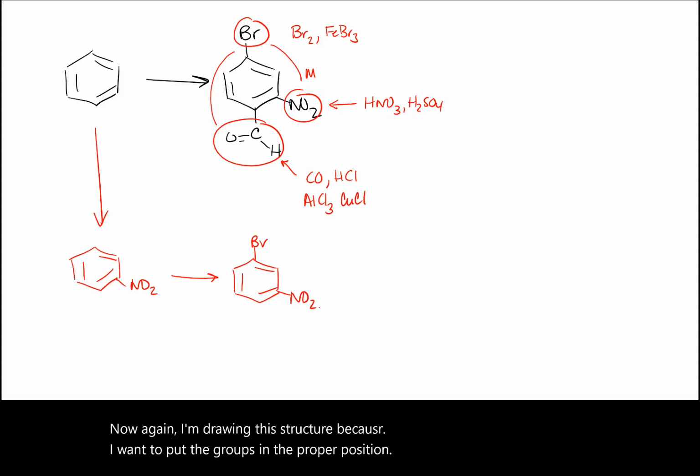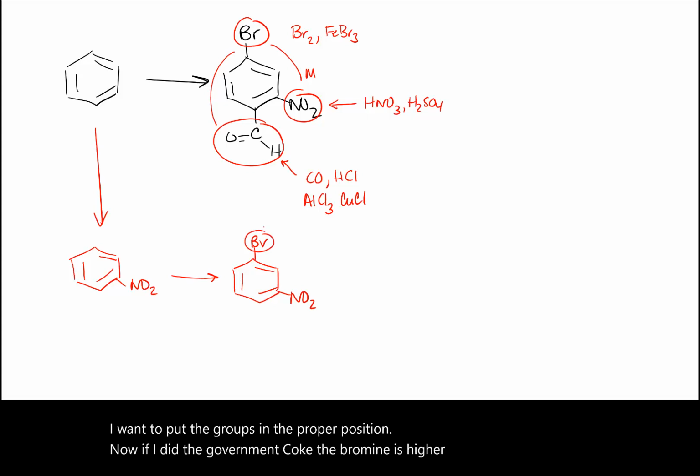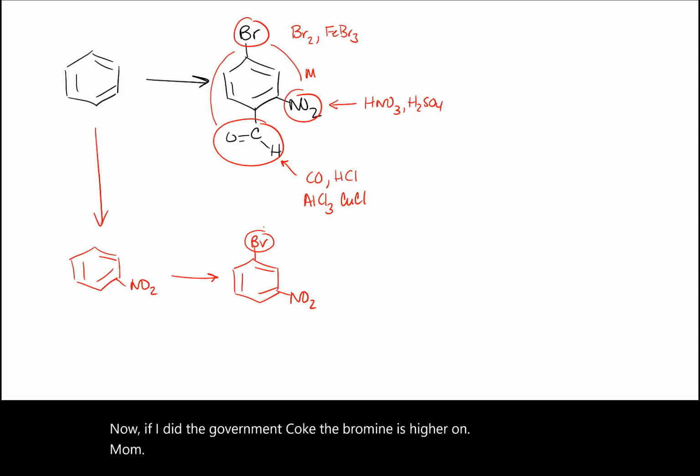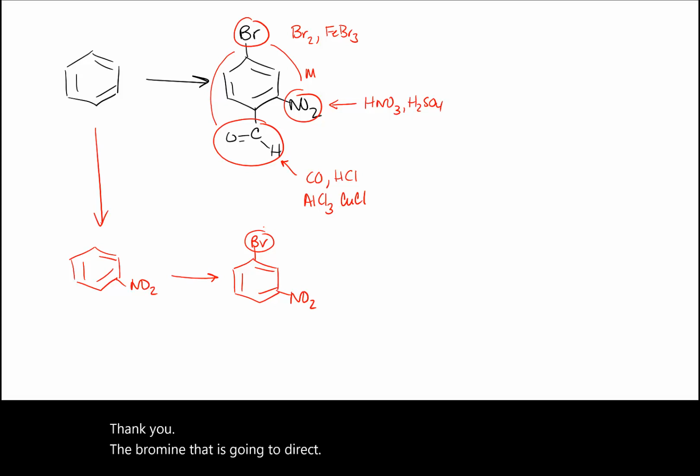Now if I did the Gatterman-Koch, the bromine is higher on the chart, so the bromine then is going to direct to its ortho and para positions.